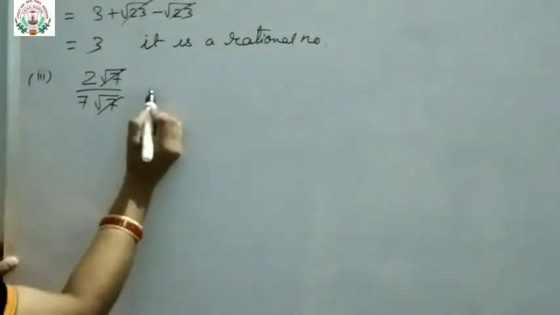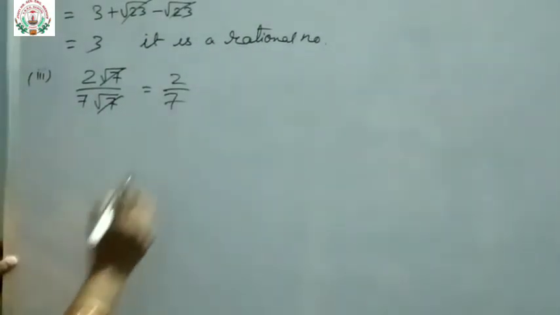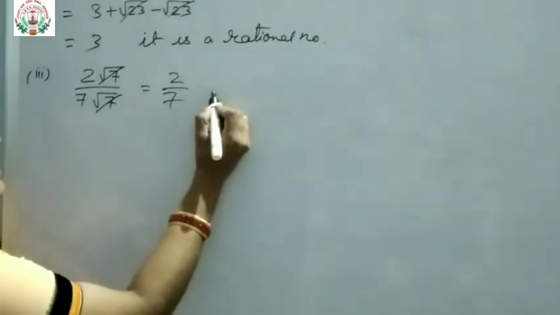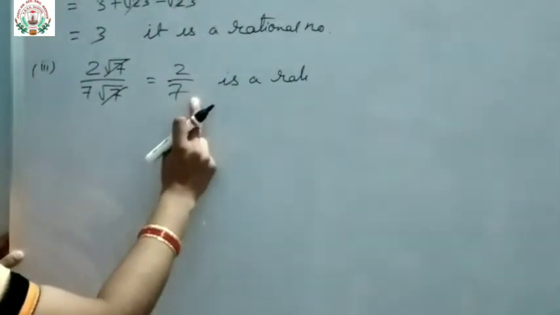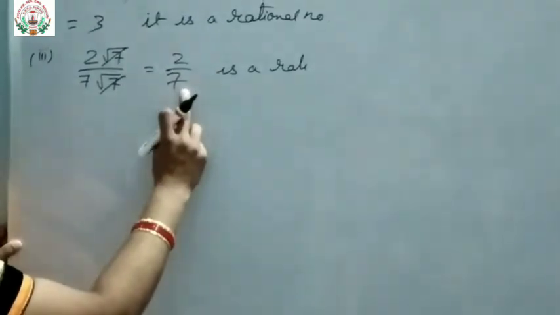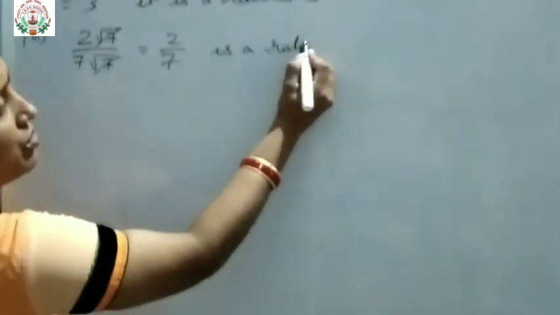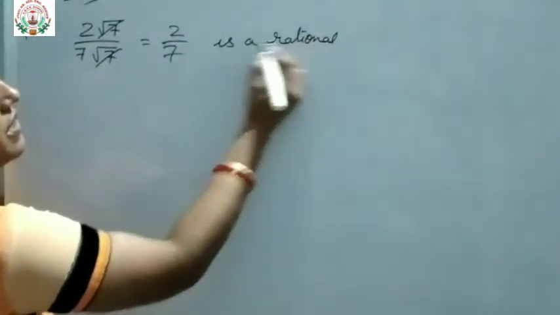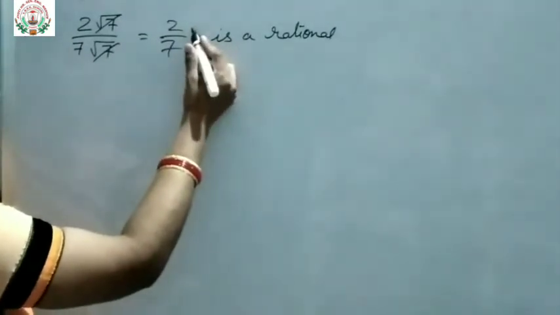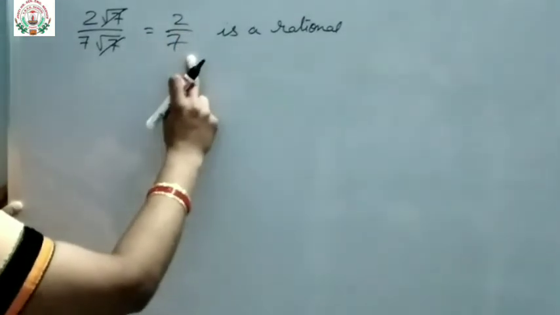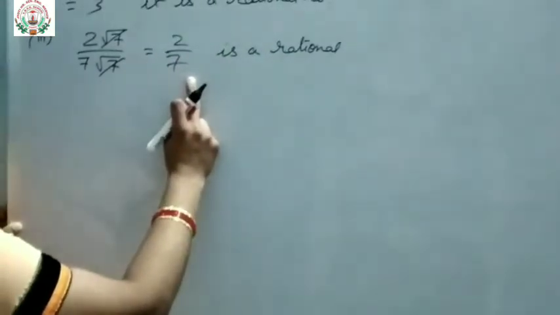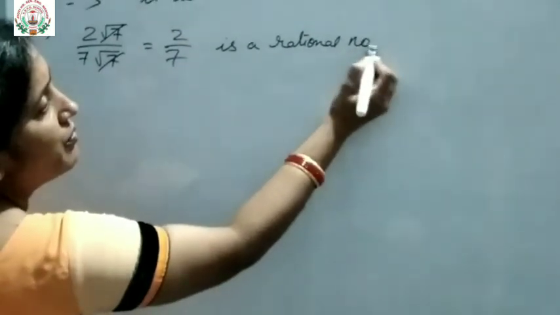Now what I got is 2 upon 7, and 2 upon 7 is a rational number because it is expressed in the form p by q, where q is not equal to 0. Here p is an integer, q is an integer, 2 is an integer, 7 is an integer. So 2 by 7 is a rational number.